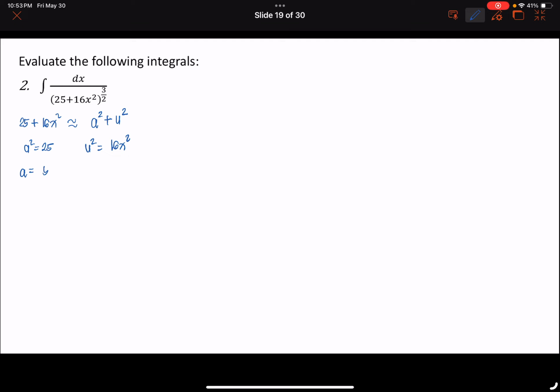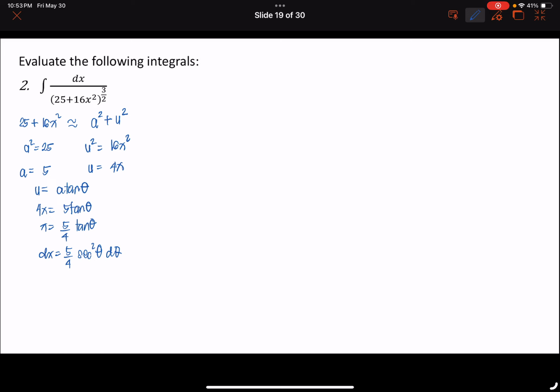So a is 5 and u is 4x. If we have a squared plus u squared, we use u equal to a tangent theta. So we have u, which is 4x, equal to 5 tangent theta. So x is 5 over 4 tangent theta, and dx is 5 over 4 secant squared theta d theta.